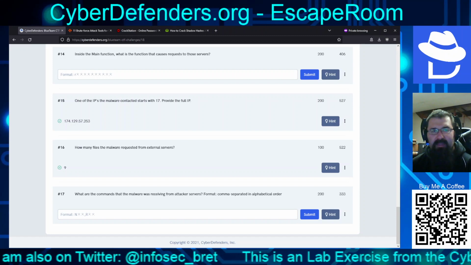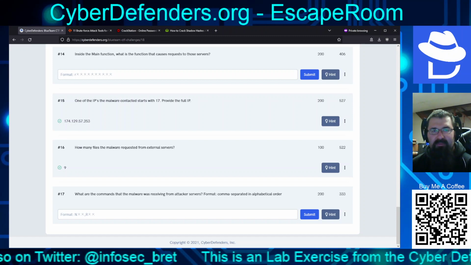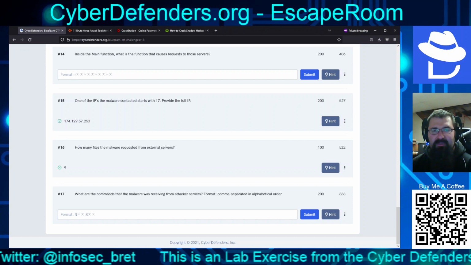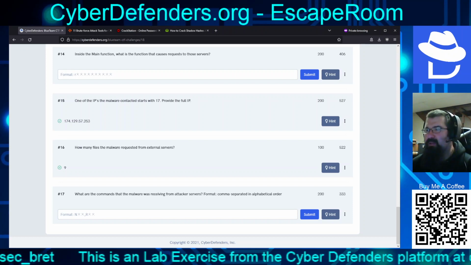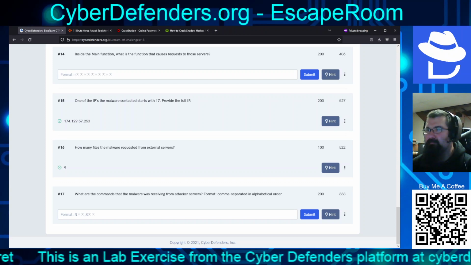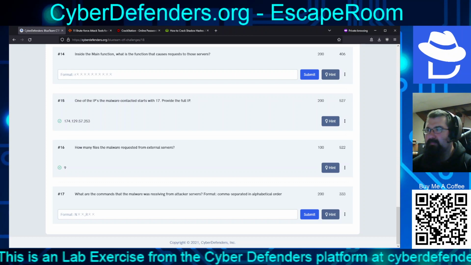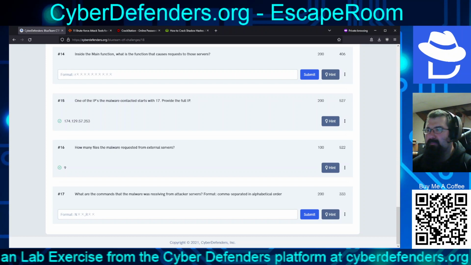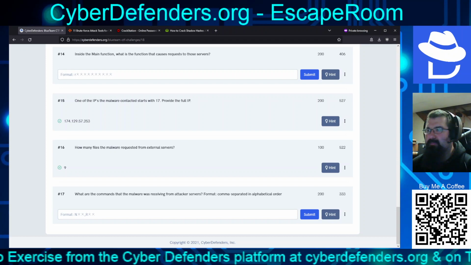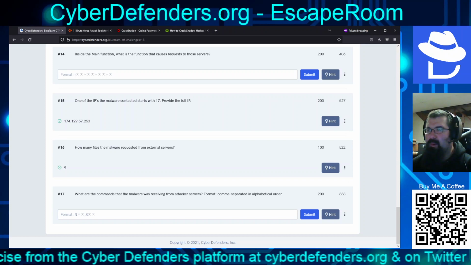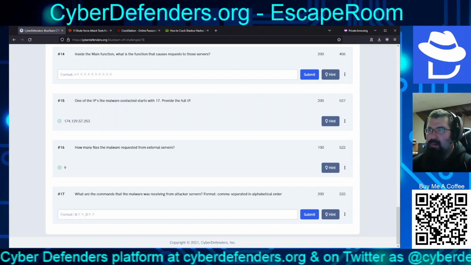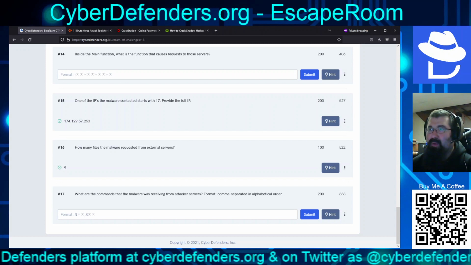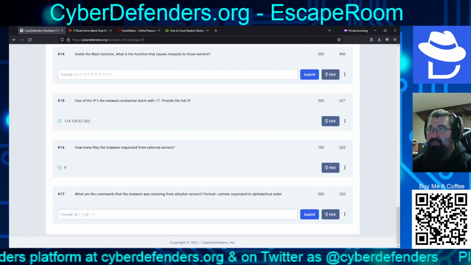What are the commands that the malware was receiving from attacker servers? Comma separated alphabetical. This is probably going to be the portion where we've got to do the reverse engineering.